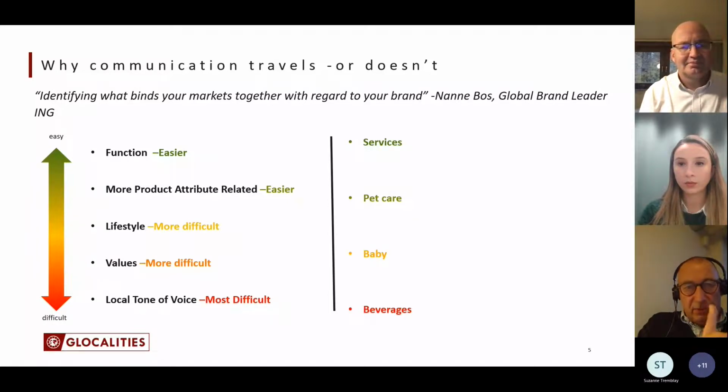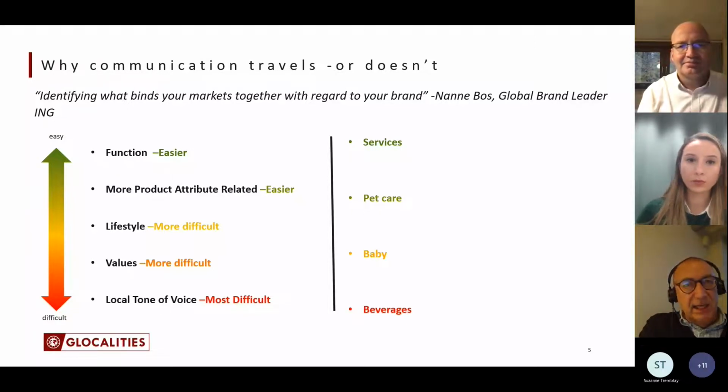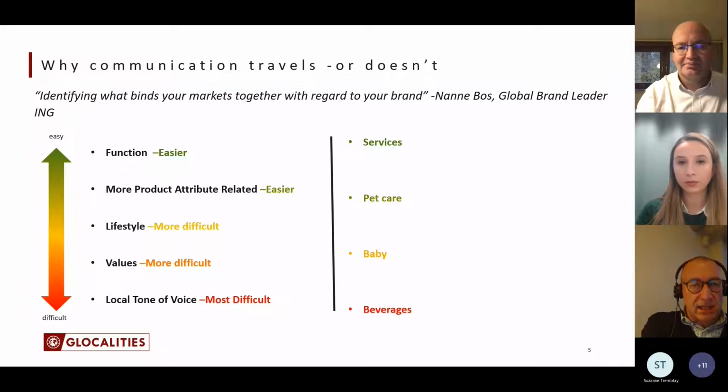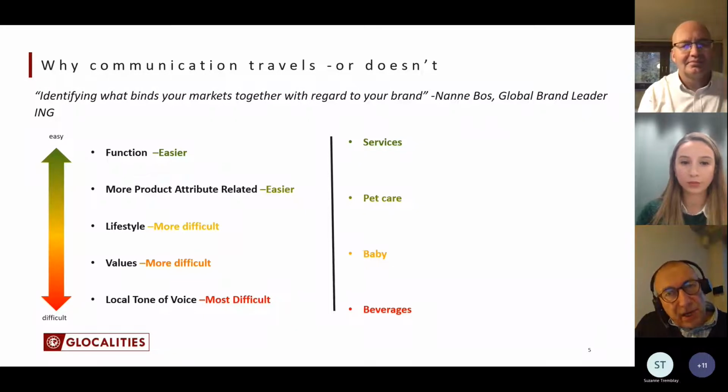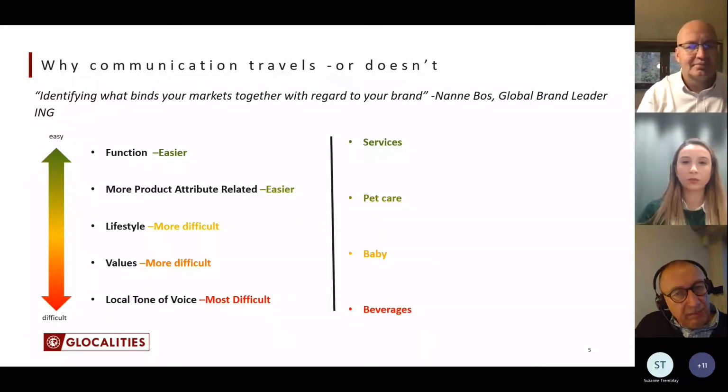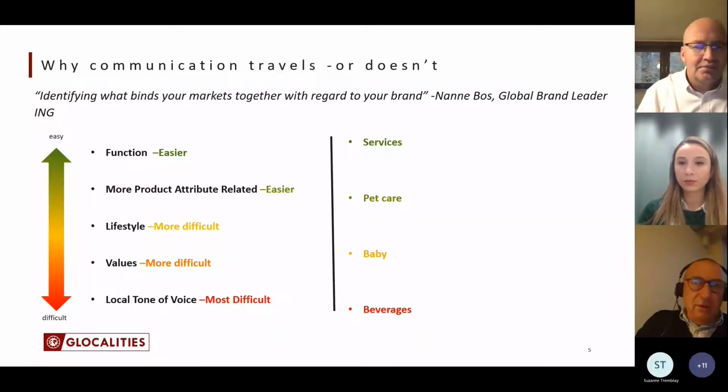The more we want to communicate functions or product attribute aspects, the easier it is to bring it to an international level. But the more lifestyle, values, and tone of voice are involved, the more difficult it becomes, and more knowledge is needed to understand what's going on in different markets and within different target audiences. So, go on, Martin.